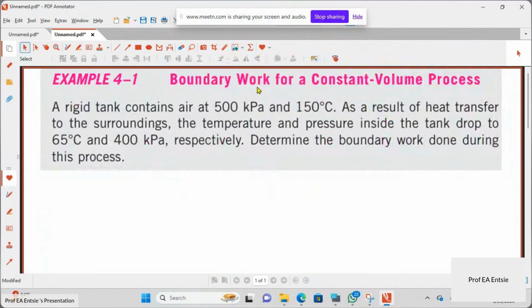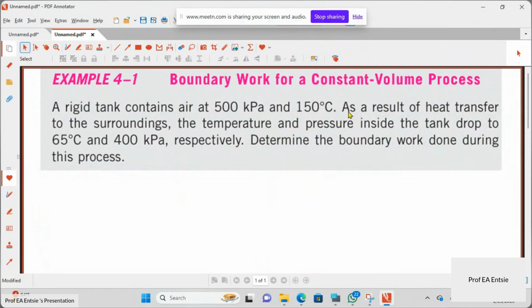Of course, constant volume process is helping you to get what I'm lecturing now. So a rigid tank contains air at 500 kilopascal. That's the pressure which is around it. Temperature and pressure inside the tank will drop to 65 degrees Celsius and 400 kilopascal respectively. Determine the boundary work done during this process.